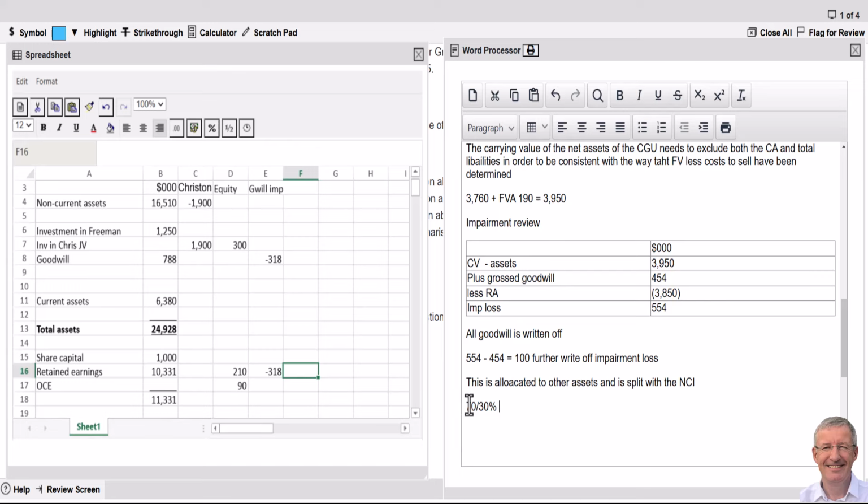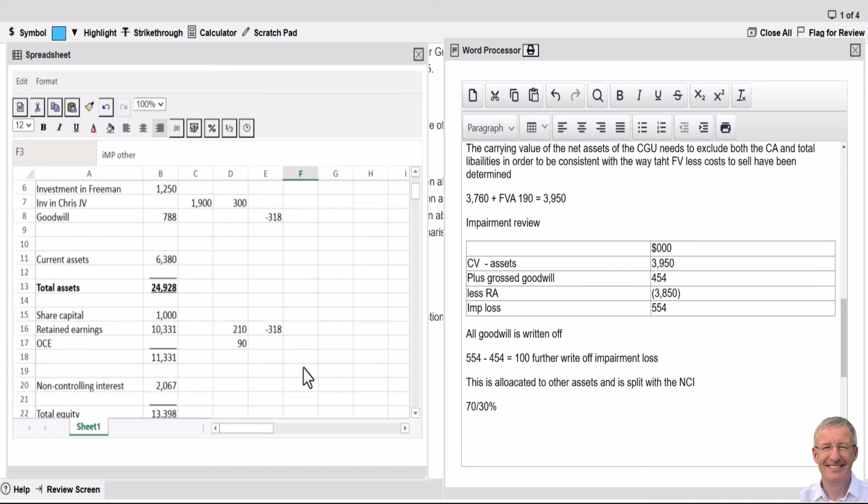The loss is 100, and therefore, when we come to dealing with the impairment of the other, how is that going to work out? The impairment of the other is going to go minus 70 against the retained earnings, and minus 30 against the non-controlling interest.